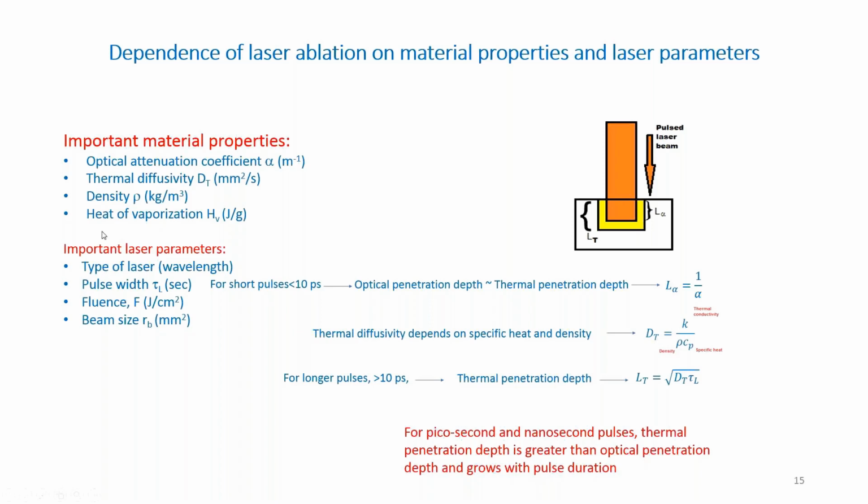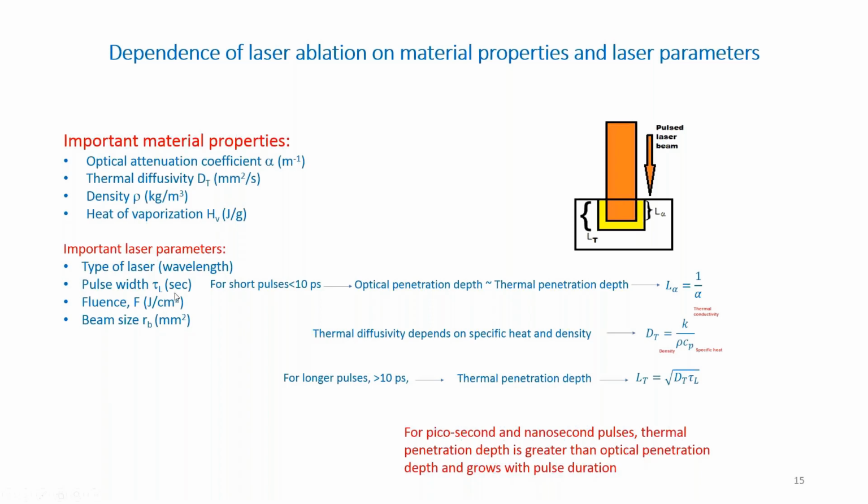Then there's the heat of vaporization, HV, which is the amount of heat you have to provide to remove a certain mass of the material. It's given in joules per gram. So this depends on different materials. Now, important laser parameters are the type of laser, which defines the wavelength, whether you're working in the IR or mid-IR or UV or visible.